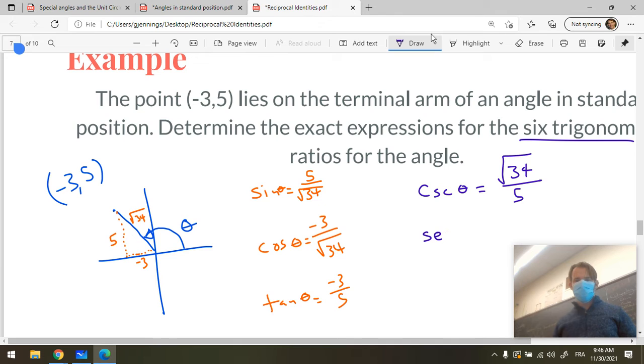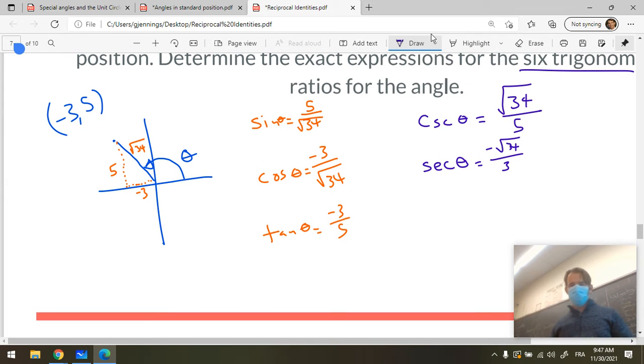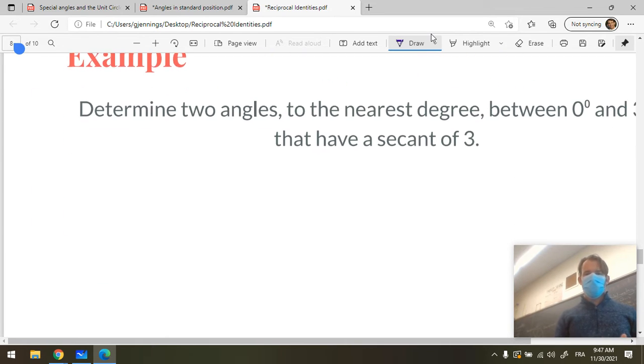Secant of theta is equal to the square root of 34 over negative 3. But we can say the negative square root of 34 over 3. When we flip it, we might as well leave that negative on top. It's a little nicer. And then tan theta, negative 5 over 3. So cotan, negative 3 over 5. Good. So those are our reciprocal trigonometric identities.